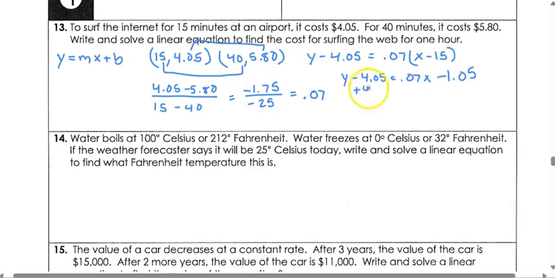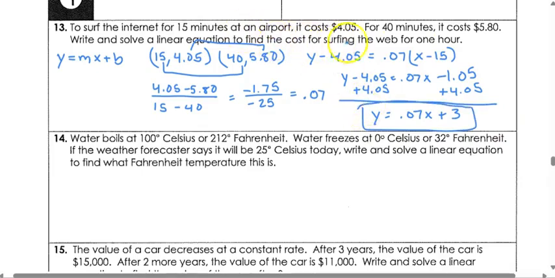And then to get y by itself, I'm going to add 4.05 to both sides. So I get y equals 0.07x plus 3. All right, so there's my equation.